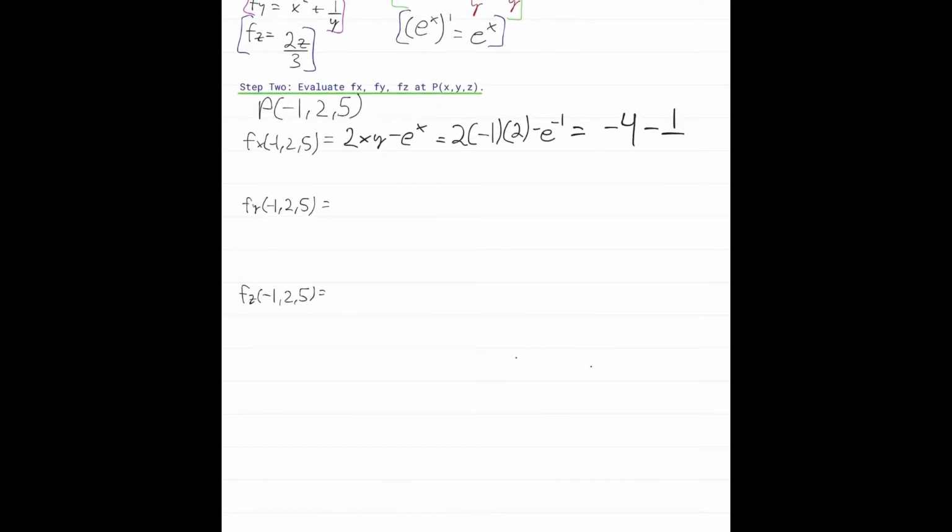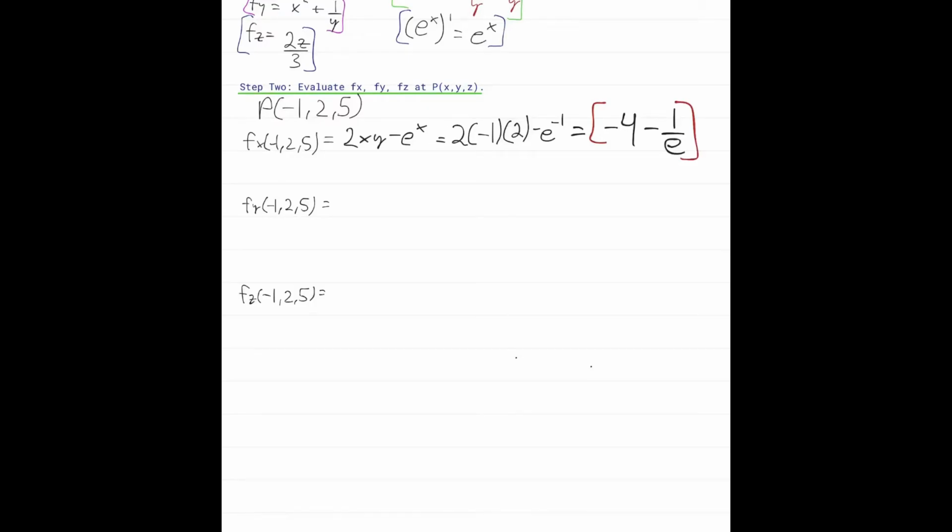So this answer is -4 minus 1 over e. Note, why is it -1? Well, that's because the x term we plugged in for x was -1.